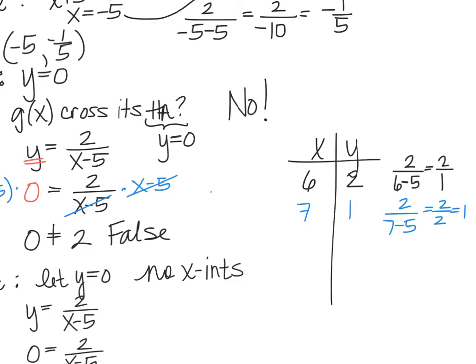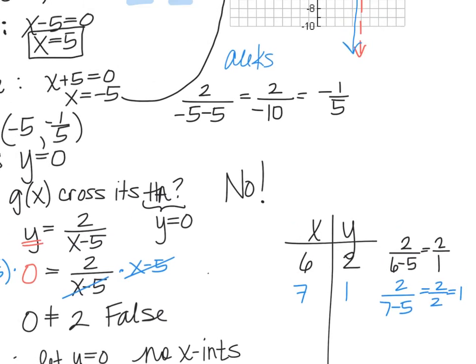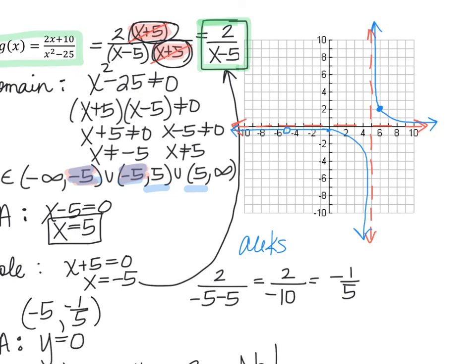So you could plot the point (7, 1) as an additional coordinate on the graph for accuracy. Some programs require some additional point plotting. But really, once we knew that coordinate (6, 2), and we knew where that branch was located, that really is good enough to sketch the graph by hand.